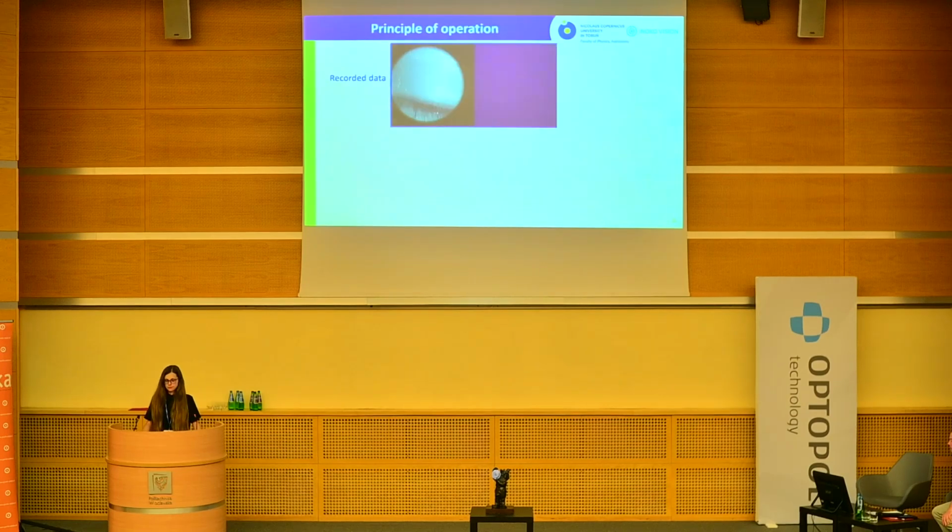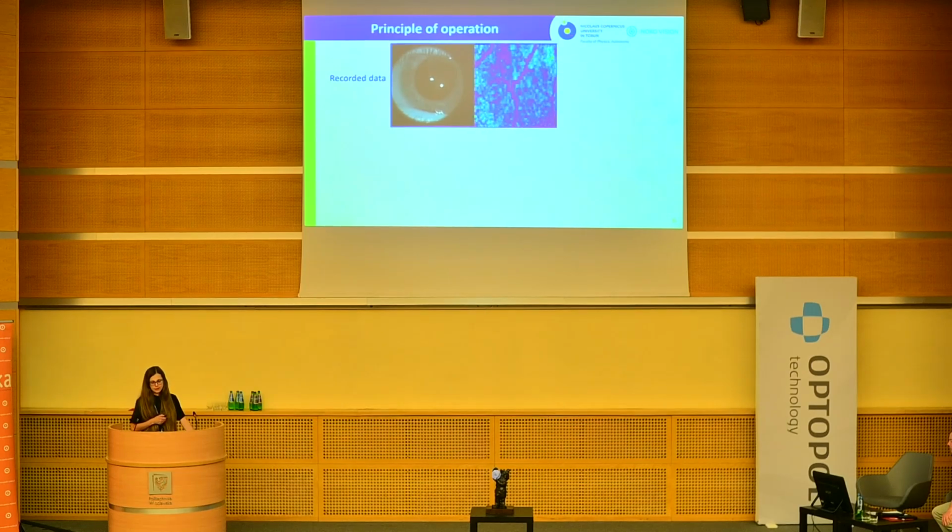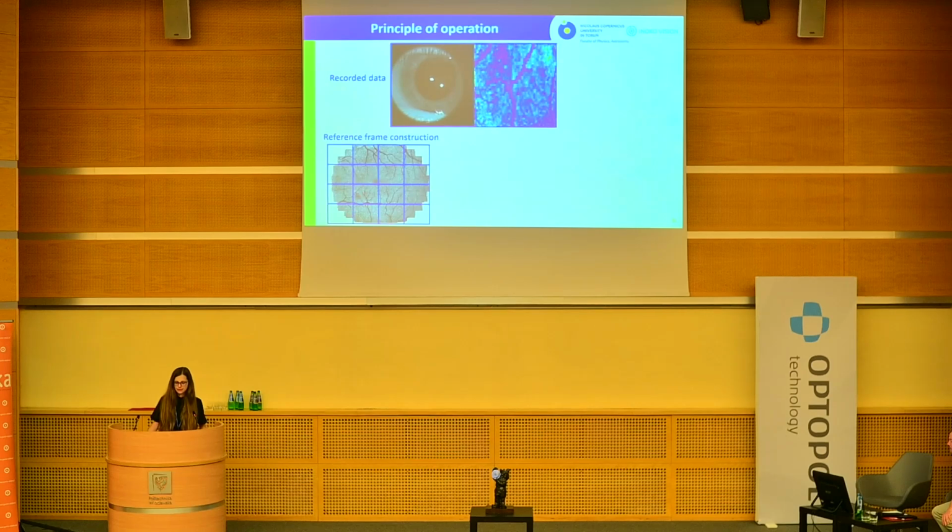Okay, so how does it work in practice? During measurements we have two types of data: pupil camera images and retinal images. At the start of every measurement, we collect a reference frame. We move this small frame across the whole retina, so we can obtain an image of a big part of the retina.